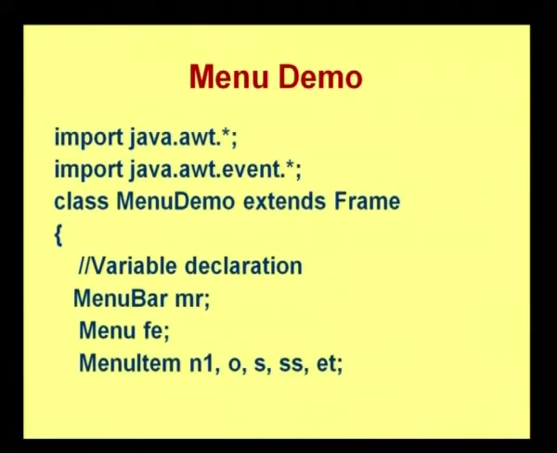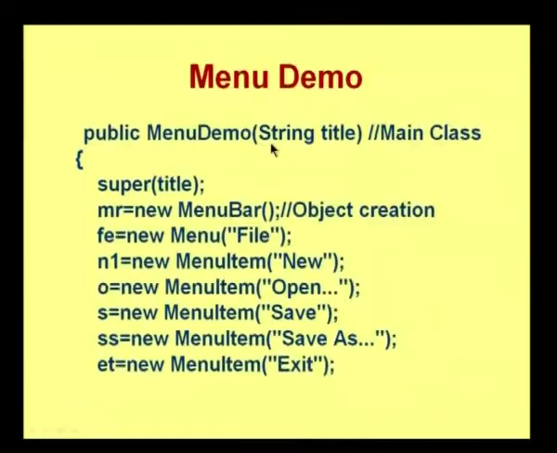Here menu demo is of type frame because your base class is frame, and I am trying to create a new frame called menu demo. Base class methods can be called from your derived class. You can see that the public menu demo parameter that is passed is a string. So this is your base class constructor.